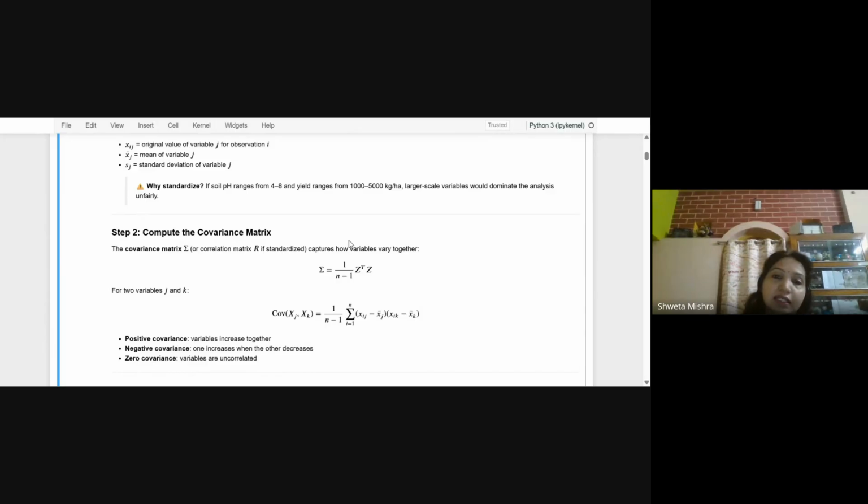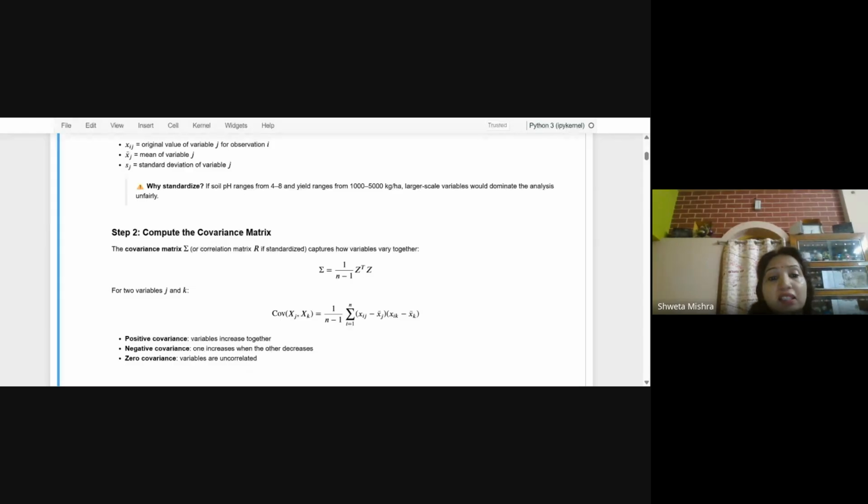Now here, this formula represents the covariance between two variables. If both xj and xk increase at the same time, or move together on average, then we can say that they have positive covariance. It means they have a similar trend.